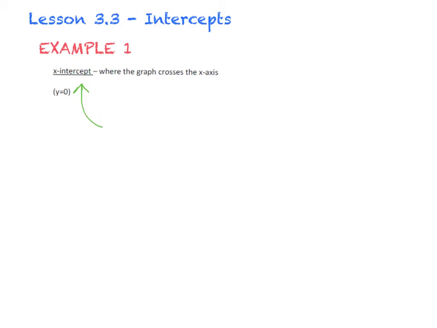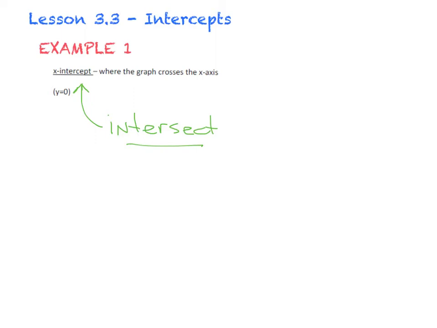When I hear the word intercept, I always think it sounds like the word intersect. And most of us know what the word intersect means. And intersect simply means to cross, so that's exactly what the x-intercept is.